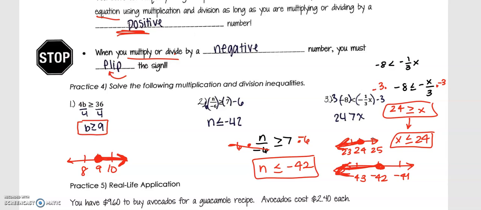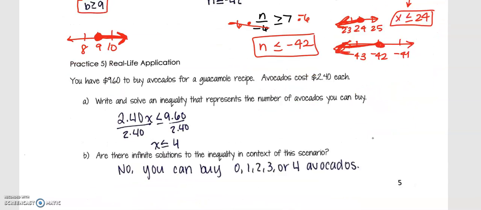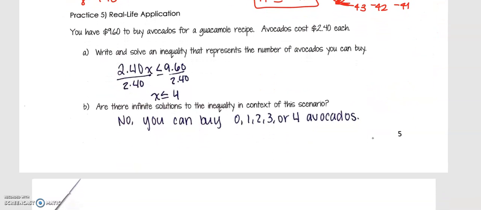Okay? Let's check out some word problems. It says, you have $9.60 to buy avocados for a guacamole recipe. Avocados cost $2.40 each. Write and solve an inequality that represents the number of avocados you can buy. So if we only have $9.60, guys, that means I have to spend less than or equal to $9.60.